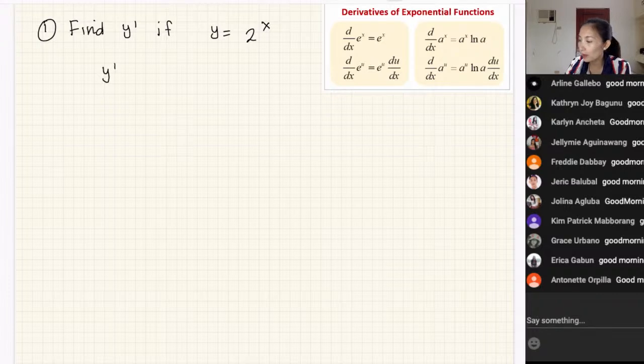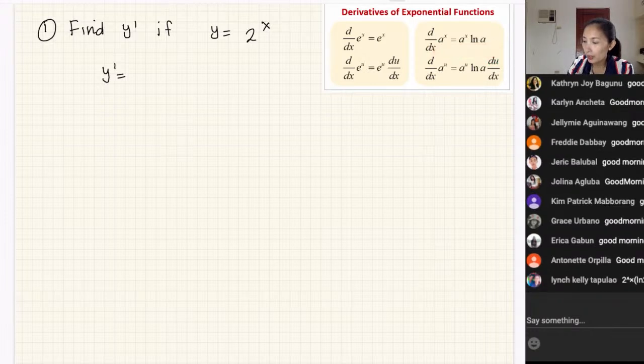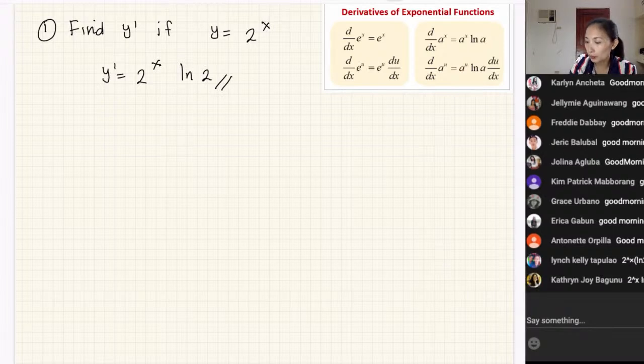Y prime is equal to, what did we say? If it takes a to the x, it's simply a to the x times the natural logarithm of the base. So, simply 2 raised to x times the natural logarithm of 2. Okay, that's it. How about number 2?